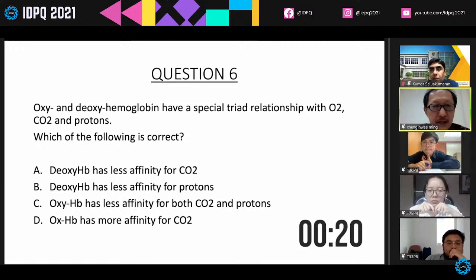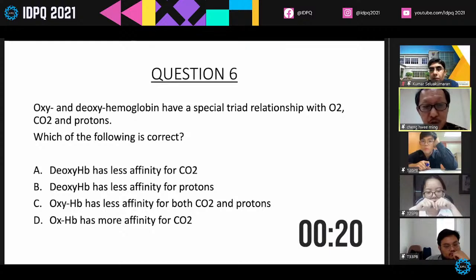Oxyhemoglobin and deoxyhemoglobin have a special triad relationship with oxygen, carbon dioxide, and protons.